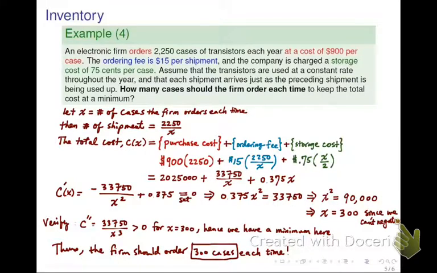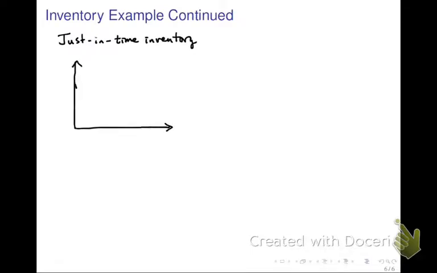Now next, I'm going to try to explain why the number of cases during a year is on average x over 2. So this is called just-in-time inventory. Here is a graph that describes the number of cases in storage at any given time.